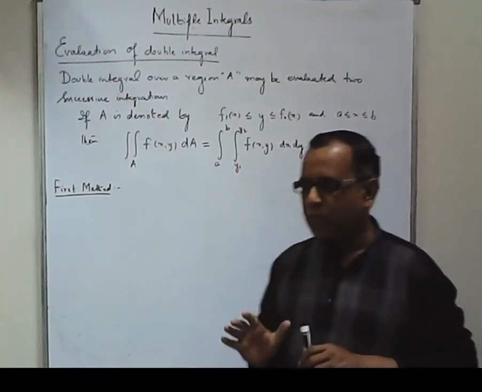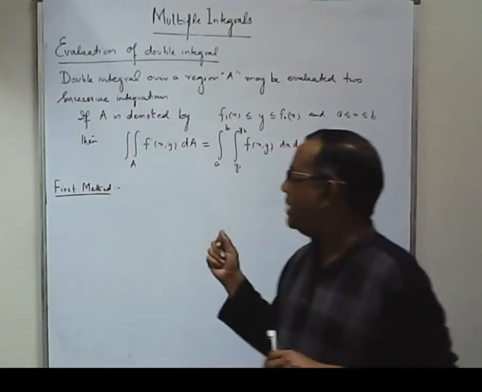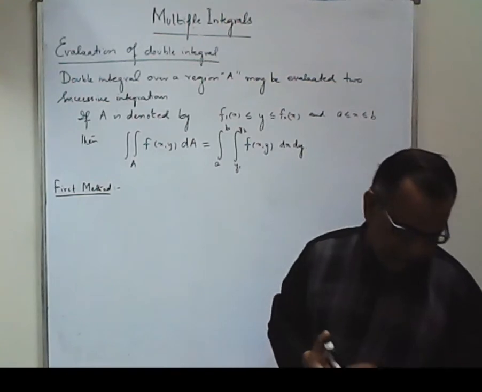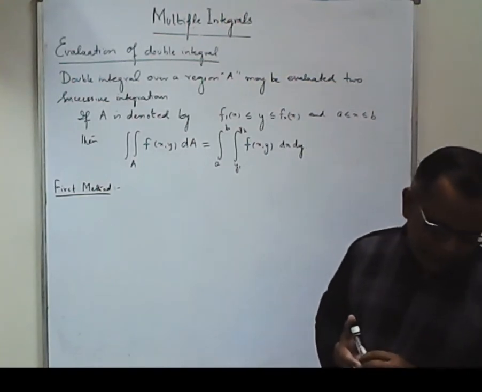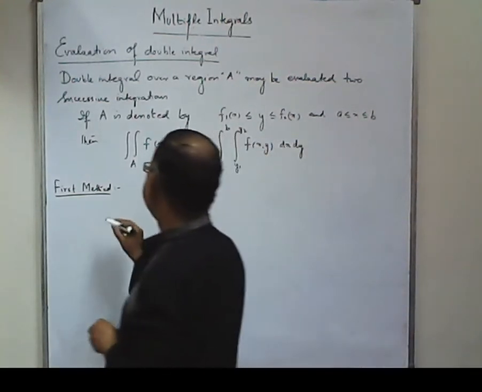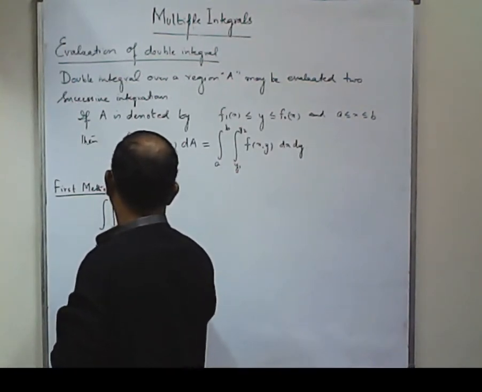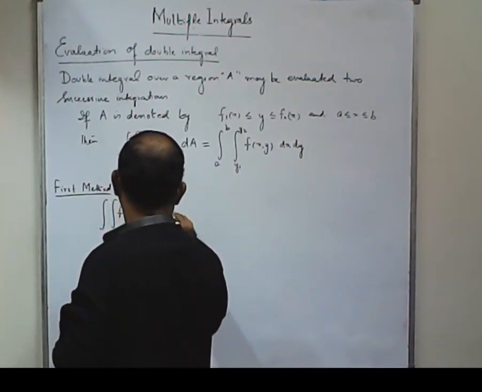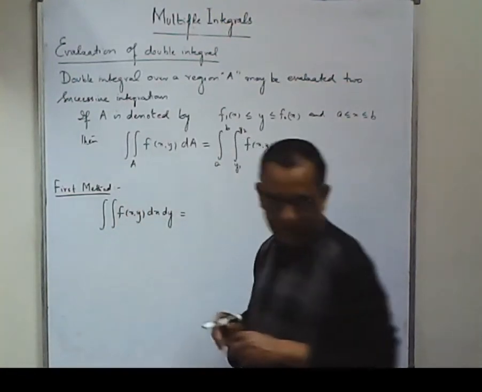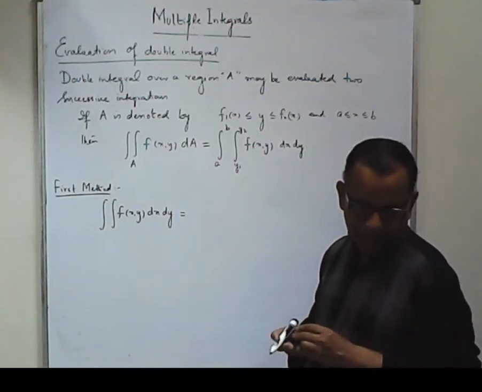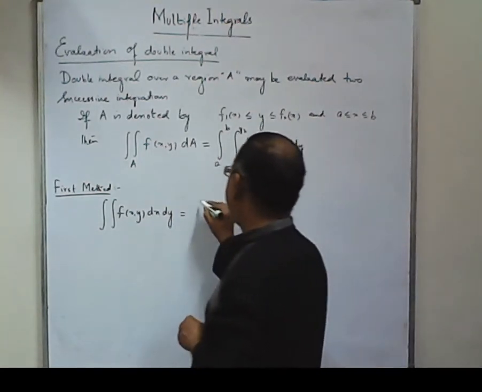So there are two possibilities, which I am calling the first method and the second method. In the first method, let's say we have a function f(x,y) which needs to be integrated with respect to x and with respect to y.